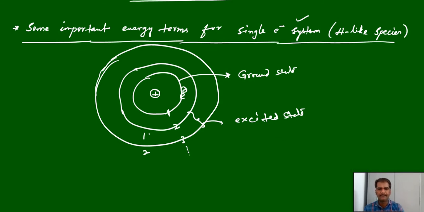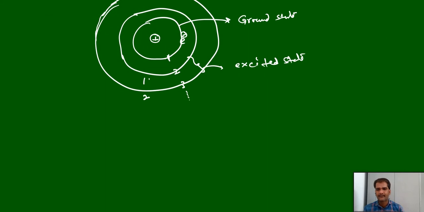First, the ground state. We define this with respect to energies. If the electron is present very close to the nucleus, it has less energy.